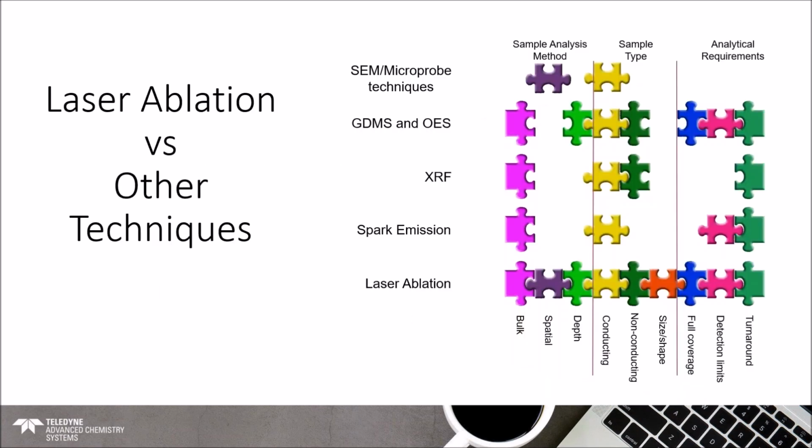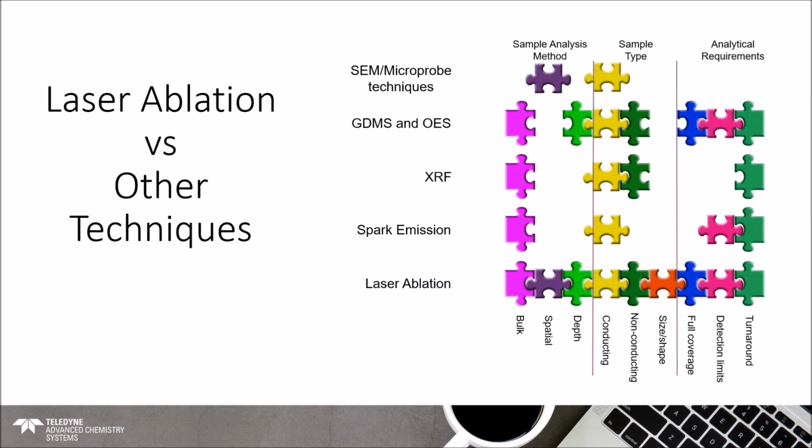Now, when we talk about laser ablation versus other techniques, it has a lot of advantages. I always say that all the techniques have significant advantages, and they all have a place in your analytical tool belt. But laser has a really nice place where it fits because it doesn't have a lot of the limitations that others do. For instance, glow discharge, GDMS, is a tremendous technique, but there are some challenges with it.